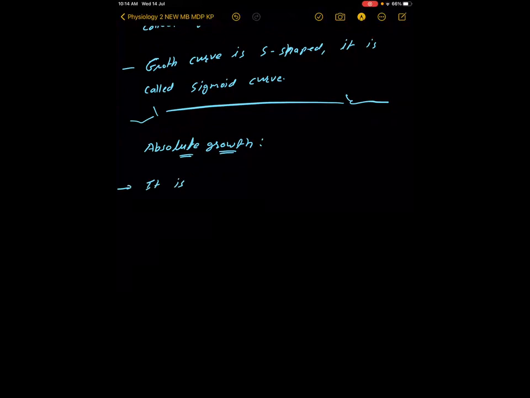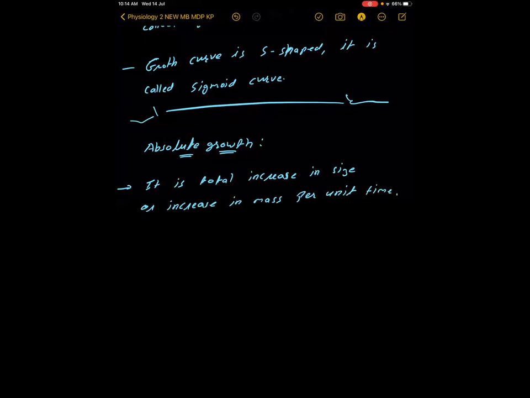It is total increase in size or increase in mass in a given time, given period, per unit time.